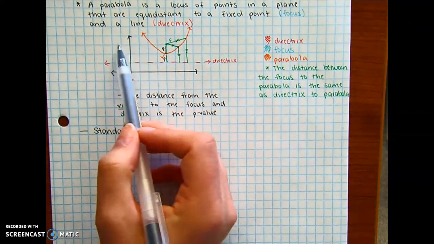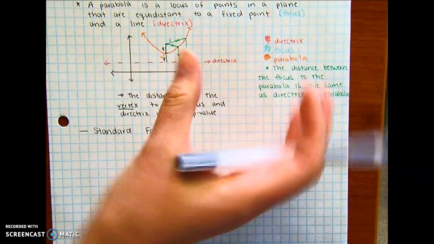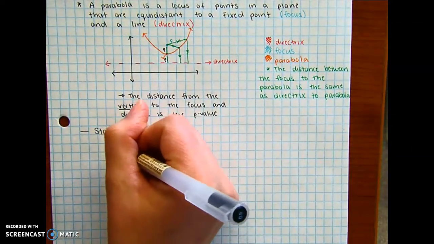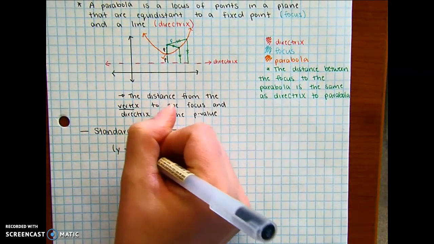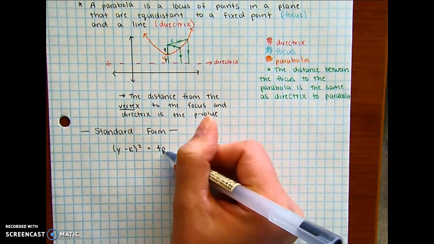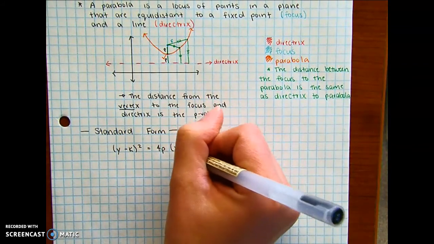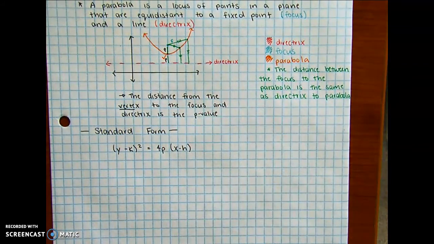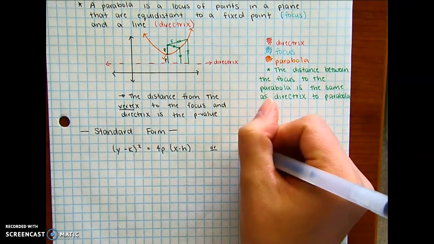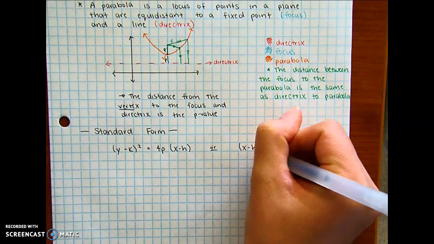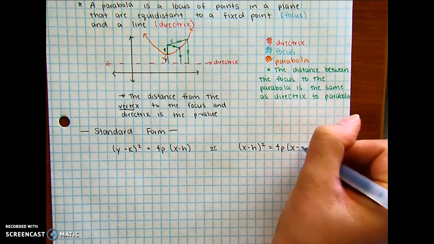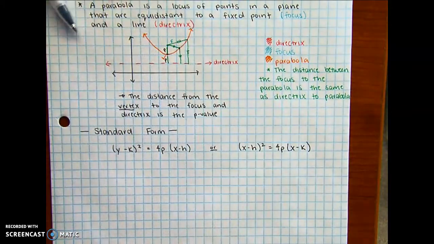So if it's opening to the left or to the right, like a C, it'll be y minus k squared equals 4 times p, p is that p-value, times x minus h. If it's opening upwards or downwards, it will be x minus h squared equals 4p times y minus k, excuse me.